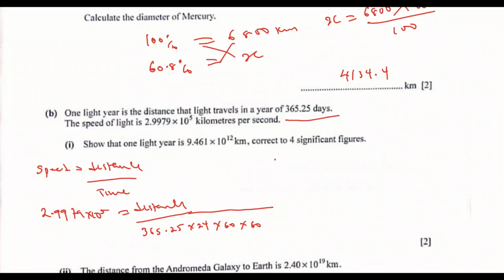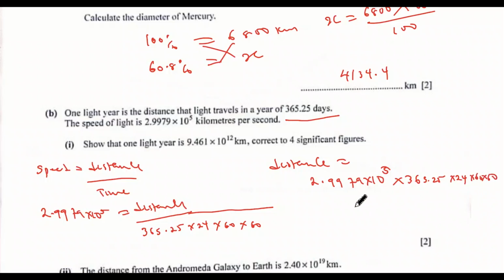So distance will be equal to the product of 2.9979 times 10 to the power of 5 and 365.25 times 24 times 60 times 60.